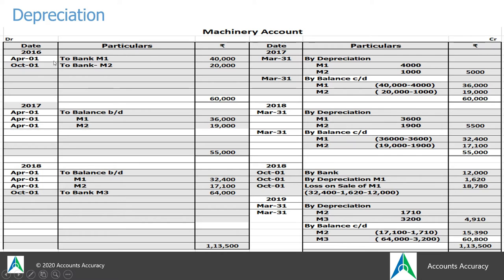So the amount paid for machine 1 was 40,000. Your entry would be 2016. You have to write the year as well as the month and date, that is April 1st, to bank, that is machine 1, with the amount 40,000 in the machinery account.